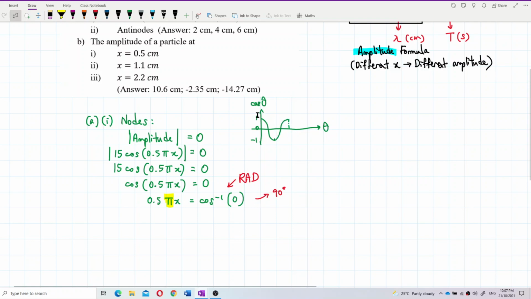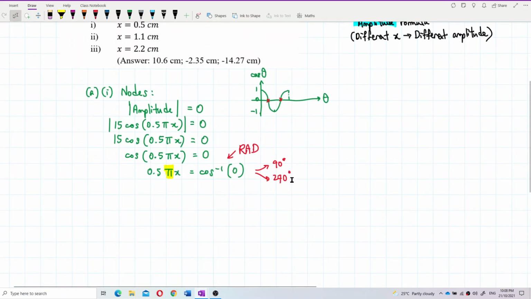So when do you have 0? It's at this position, between 90 degree and 270 degree. On the cosine graph, cosine theta is equal to 0 at 90 degree and at 270 degree.